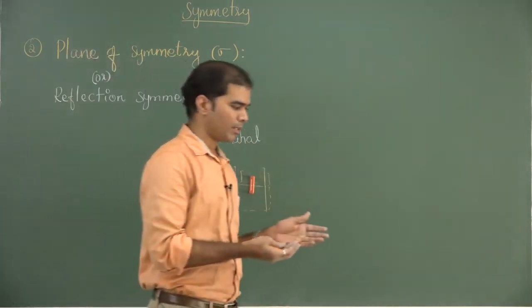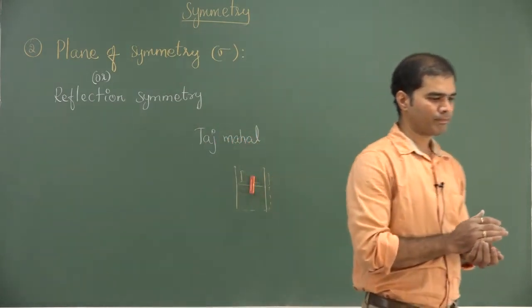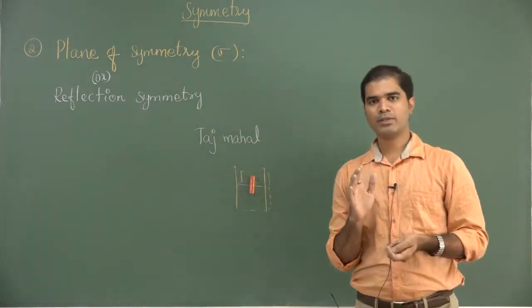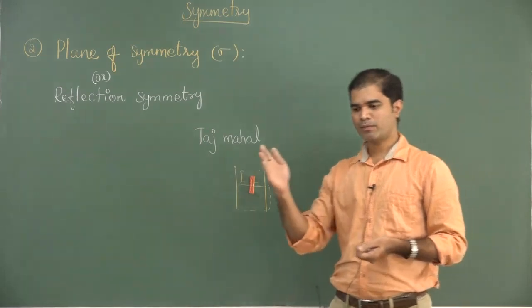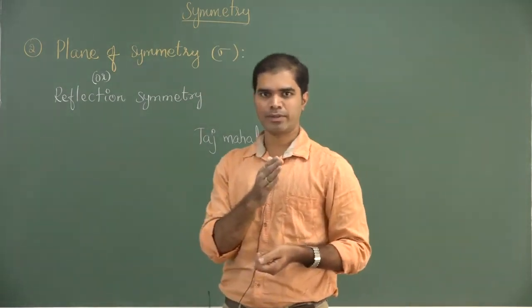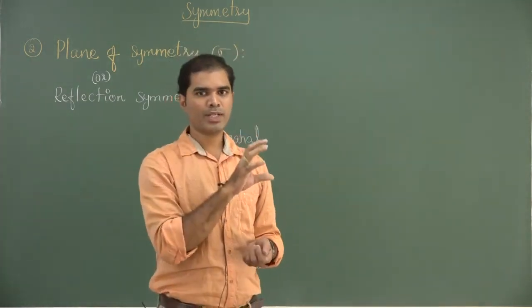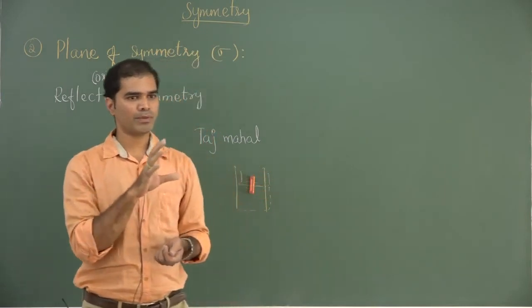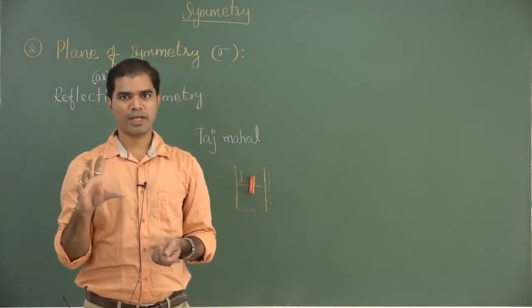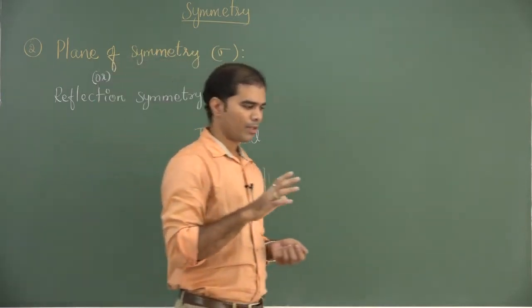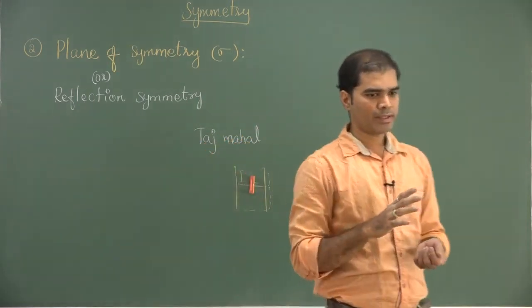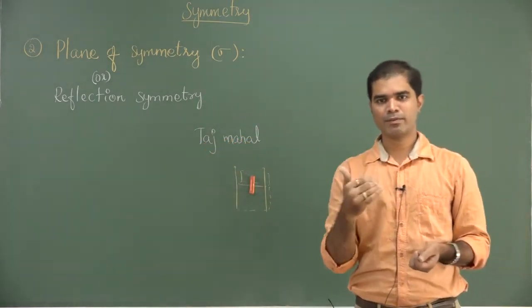I may just choose a butterfly. If you look at a butterfly, you say it looks very beautiful because one half is a reflection of the other half. You choose most of the animals, or most of the man-made constructions, or to that extent, just physically look at yourself.